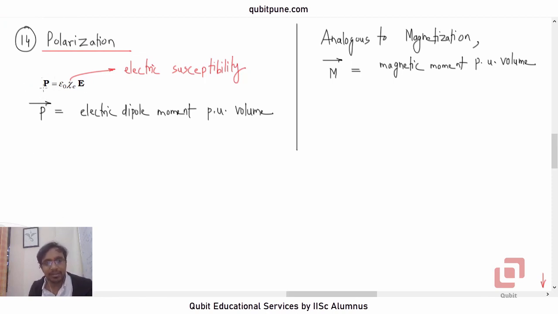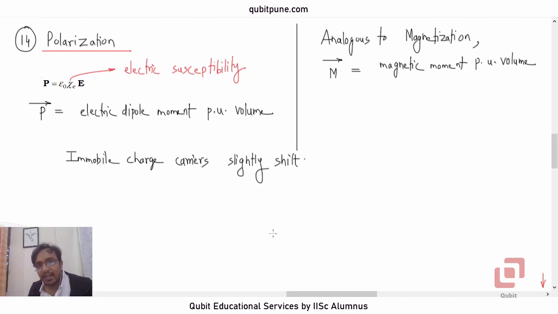Actually, what happens in polarization is the immobile charge carriers slightly shift. If it had been a conductor, then the charge carriers would have started flowing, and that would have constituted an electric current, but in this case the charges move by very small margins.